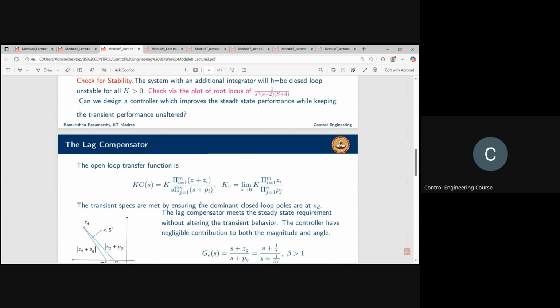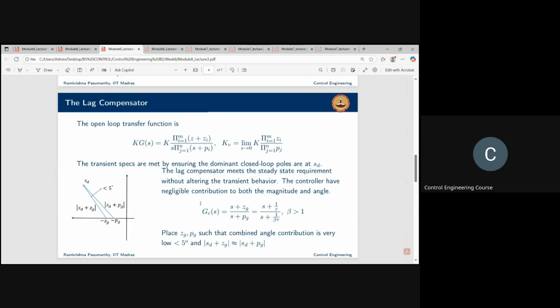The lag compensator's job is, instead of putting an integrator and redesigning, you put an approximate integrator that takes care of steady state without altering the transient performance.